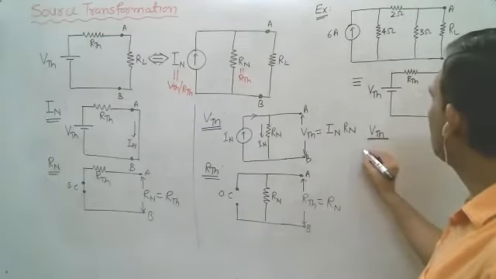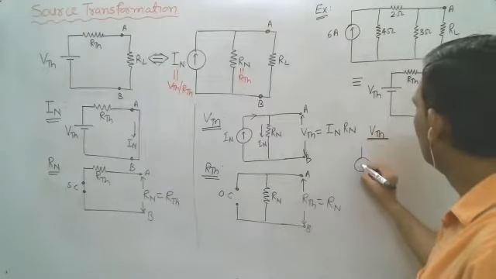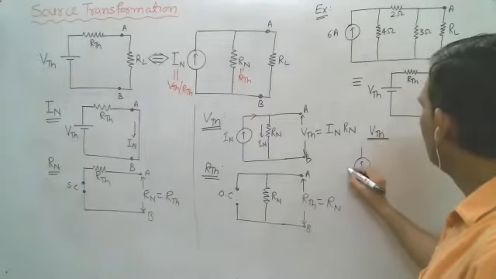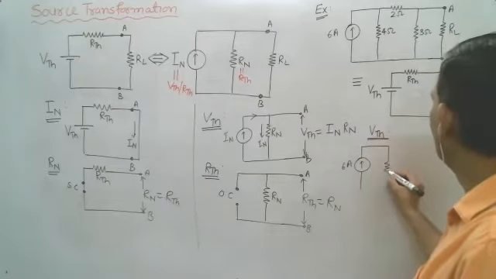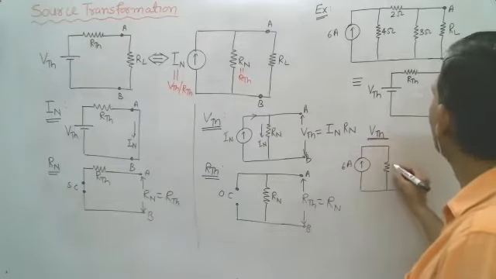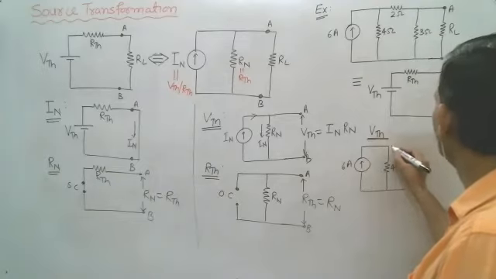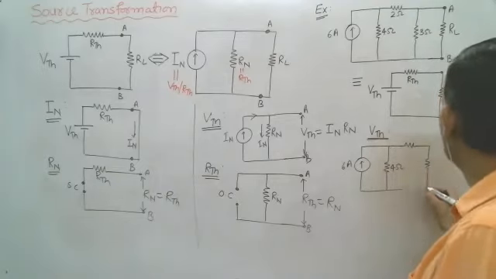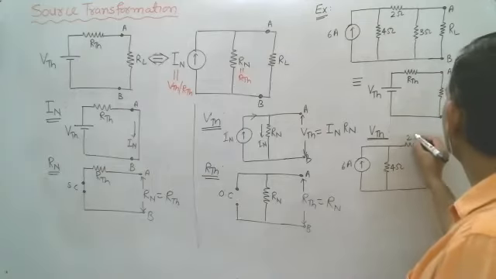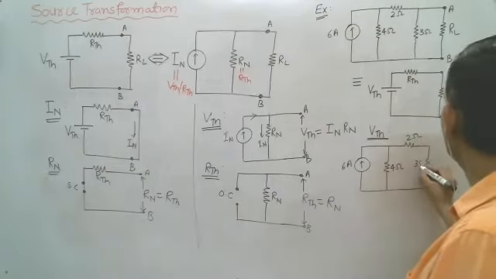So in this case, this is 6 ampere. This will be 4 ohms. This will be 2 ohm, and this is 2 ohm, and this is 3 ohm.